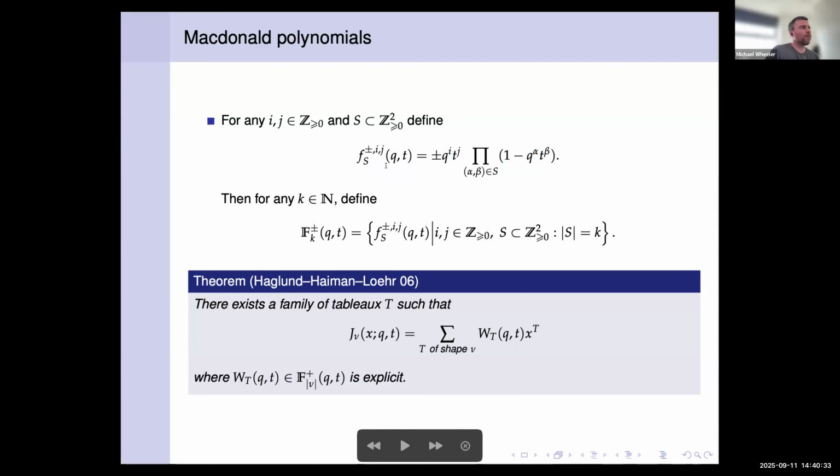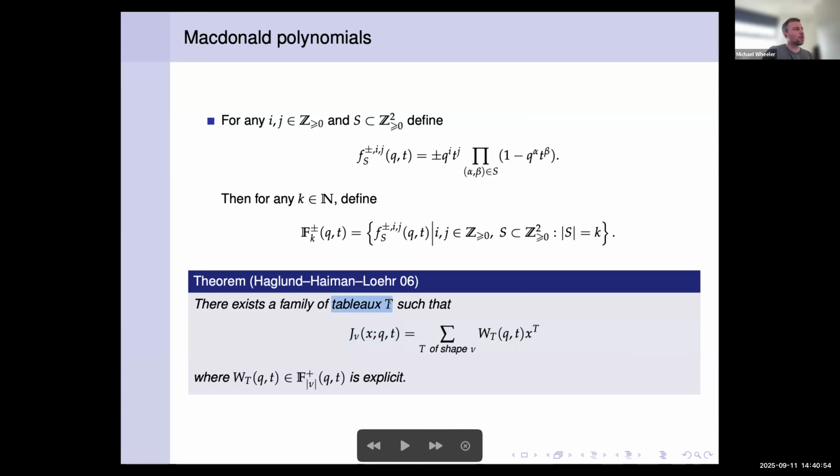So with the definition of such a set of polynomials, there is a very nice combinatorial formula that was obtained in 2006 by Haglund, Haiman, and Loehr, and they essentially wrote the integral Macdonald polynomial fully explicitly as an expansion over a family of tableaux.